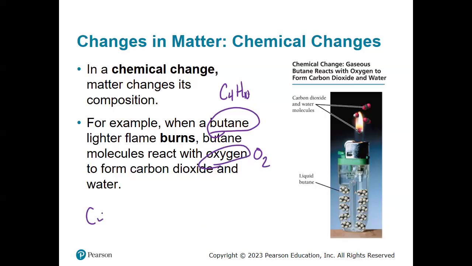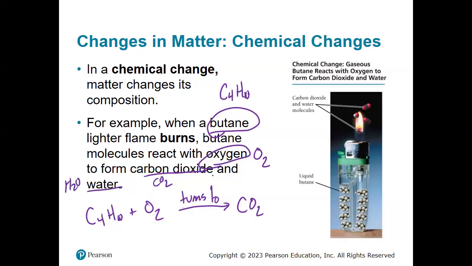And so we start with this combination of oxygen and butane. And over the course of this time, we find that it turns into carbon dioxide, CO2, and water, H2O.